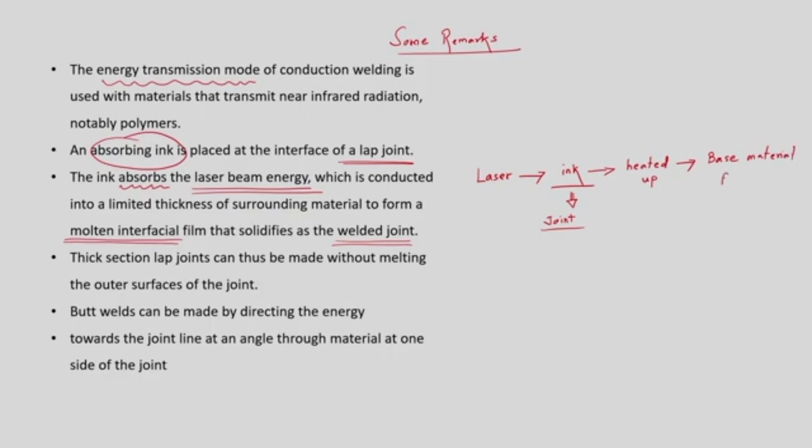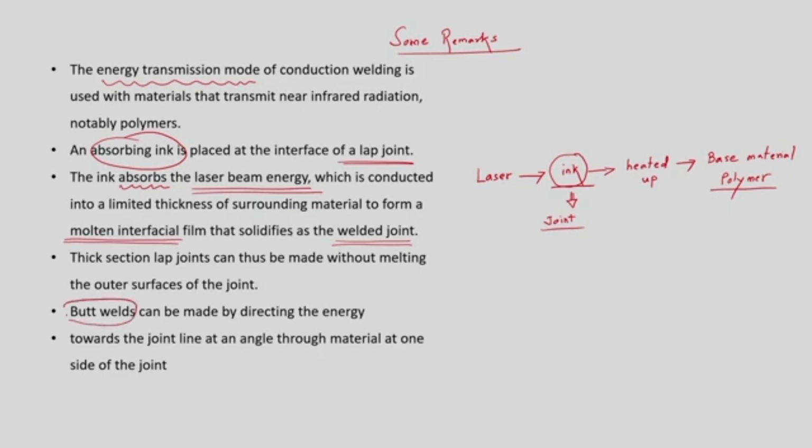The base material is polymer, and in this way the ink is playing an important role in the transmission type of welding, making it easy to use lasers to process transmissive materials such as polycarbonates.